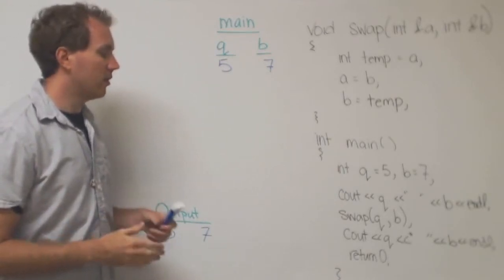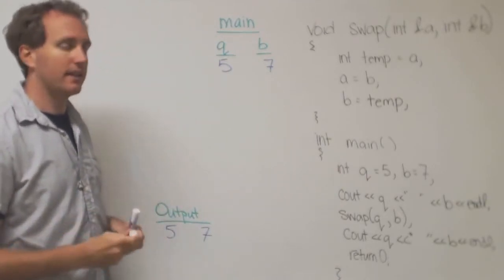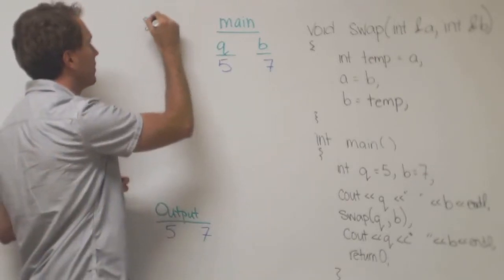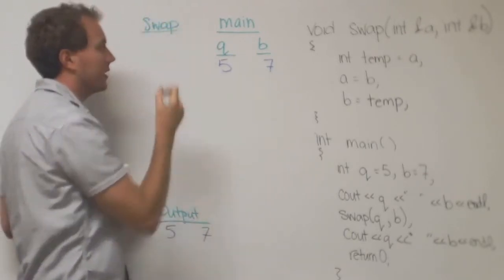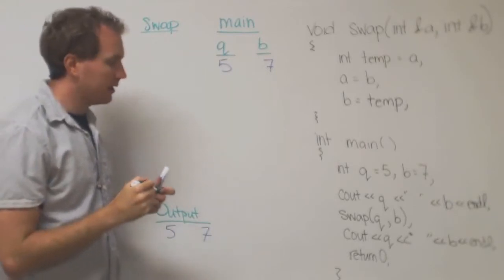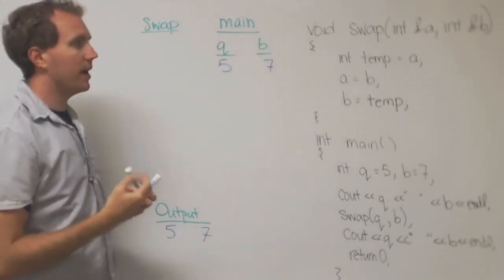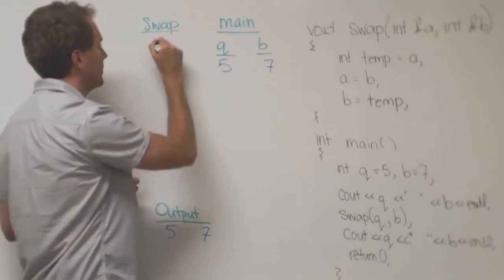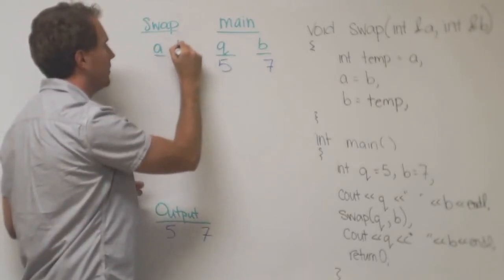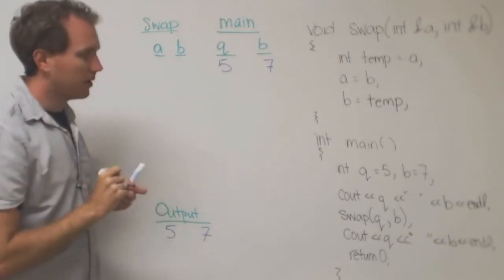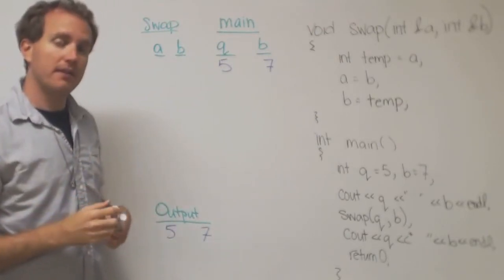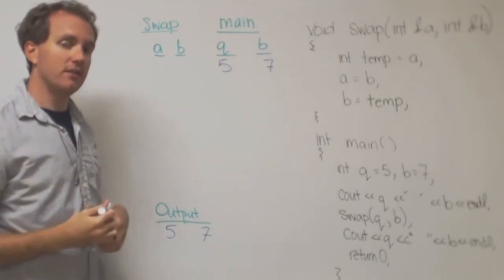All right. So when we invoke a function, it gets its own space for its variables. Swap has two parameters, and they're both passed by reference. So let's define space for those. Since they're passed by reference, they don't actually get values.